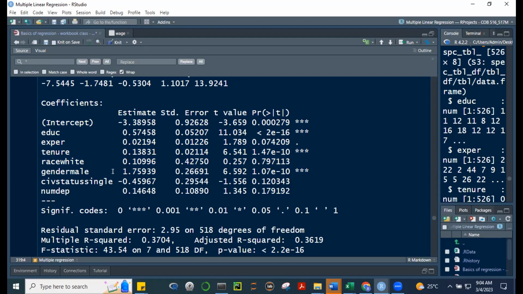On the average, male respondents receive $1.76 more than their female respondents, ceteris paribus, in terms of hourly wage. All right, let me repeat that. On the average, male respondents receive $1.76 more of hourly wage compared to their female counterparts, ceteris paribus.